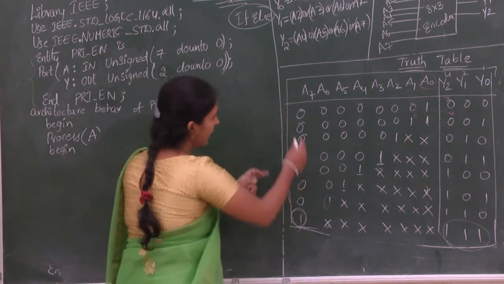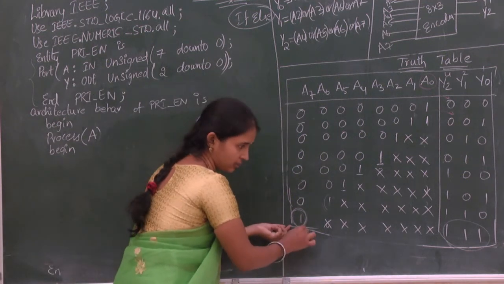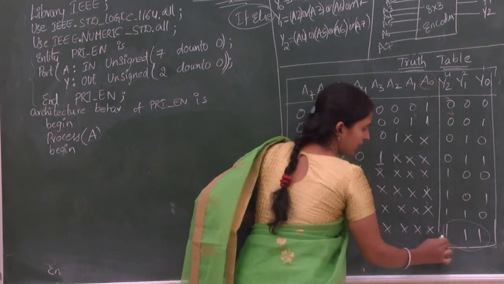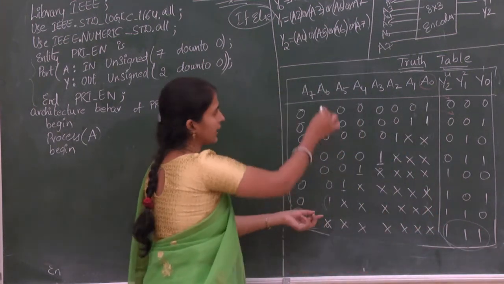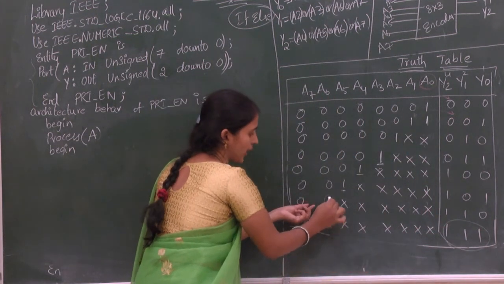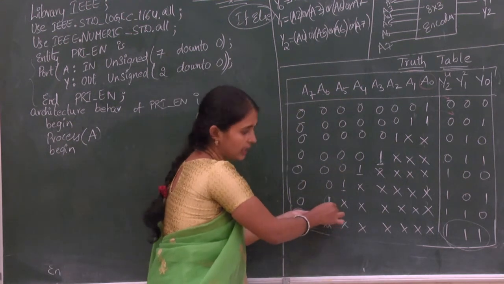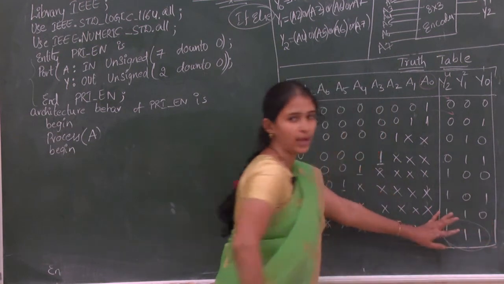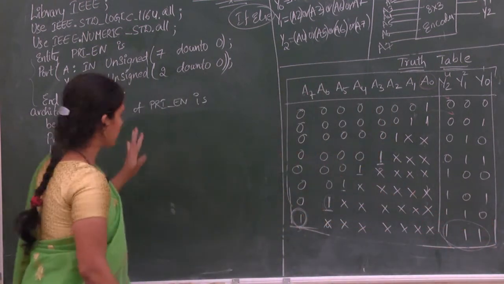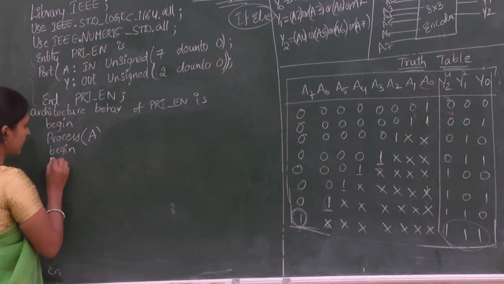If A7 is 1, then Y will be 1, 1, 1. Again, if A6 is 1, that means it will check for the highest priority first. If A6 is 1, then it will provide 1, 1, 0 as the output. That is what I am going to write here.